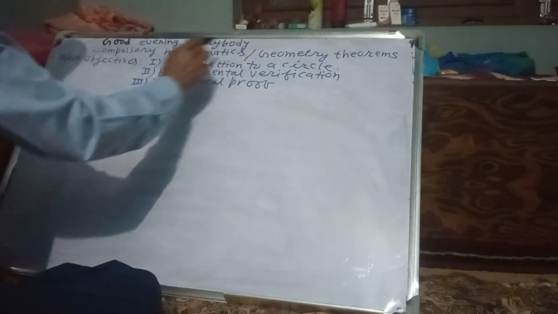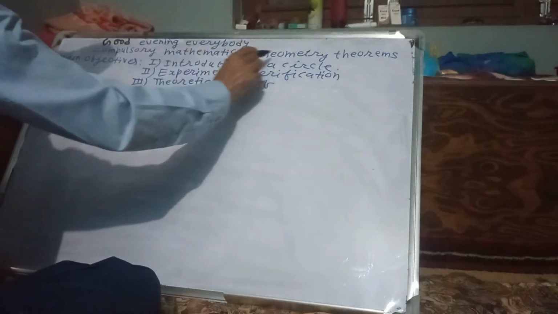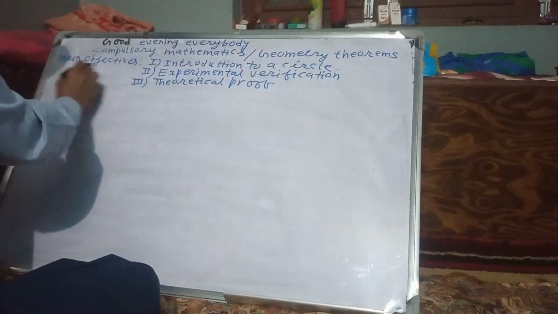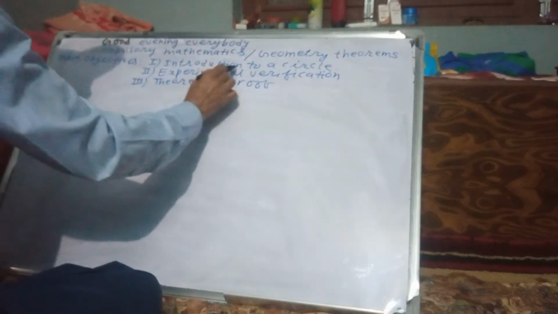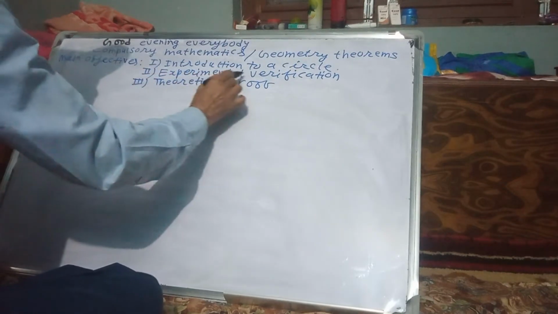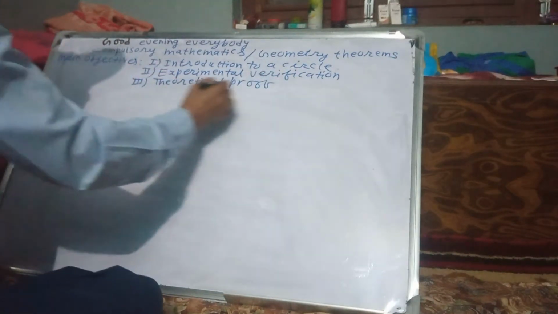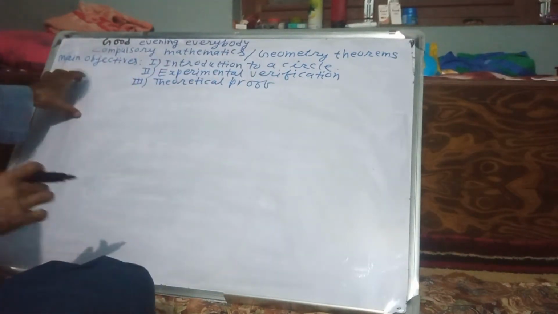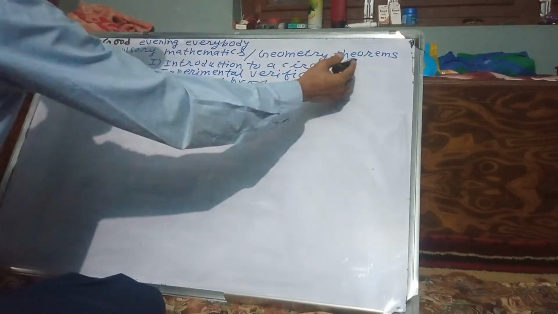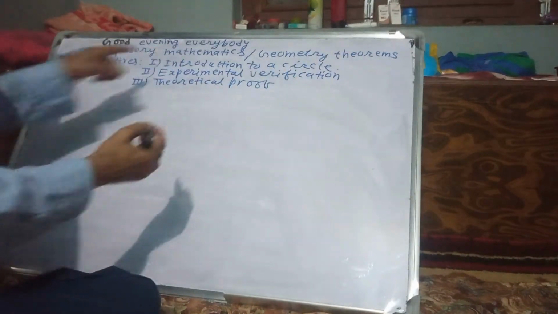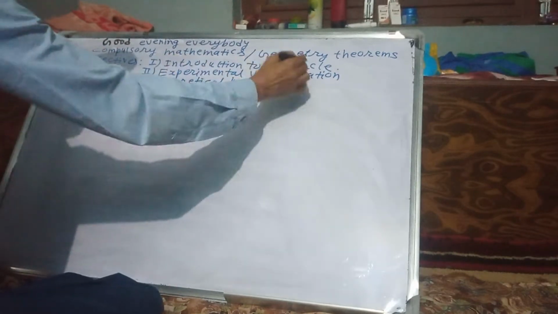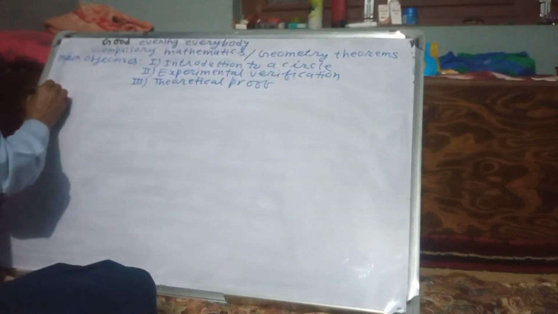Good evening, everybody. Compulsory mathematics, geometry theorems, main objectives: introduction to a circle, experimental verification, theoretical proof. Before we solve theorems, you have to know the introduction. First of all, what is a circle?